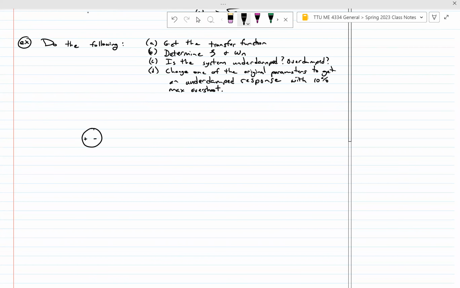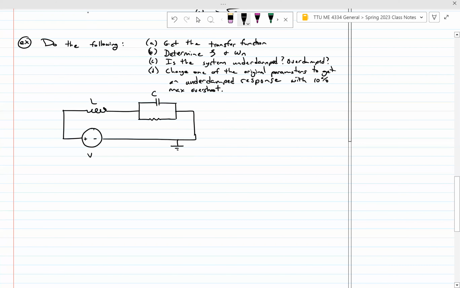So our system, we have a source voltage, we have an inductor, and then we have an RC pair, capacitor and a resistor connected in parallel. Pretty basic circuit. L, C, and R, right?